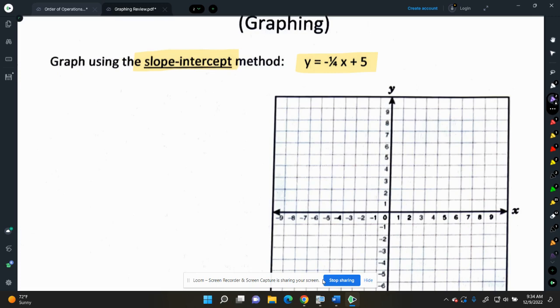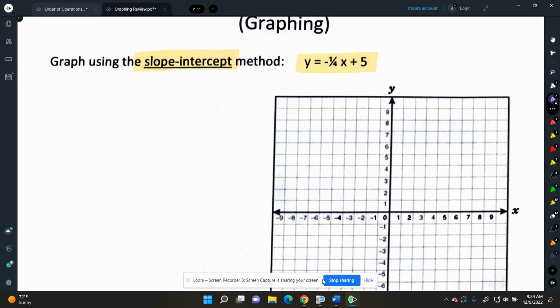Y-intercept is the b. So what do I do with that y-intercept, Cam? You graph it on the y-axis.